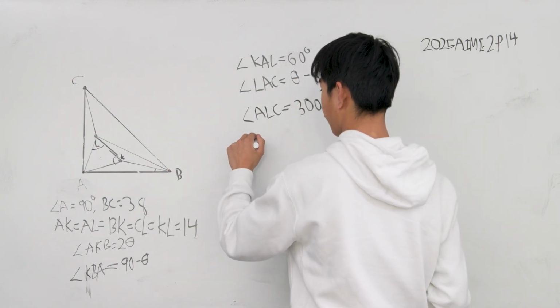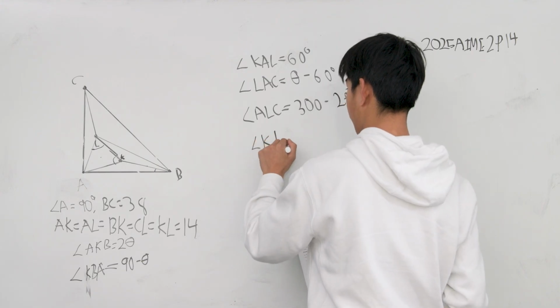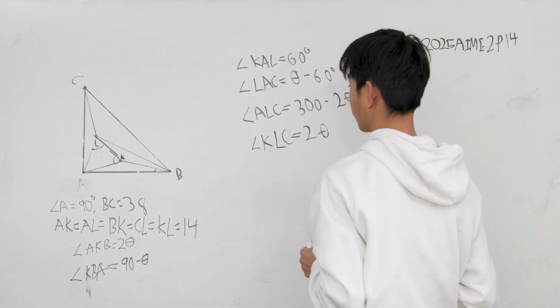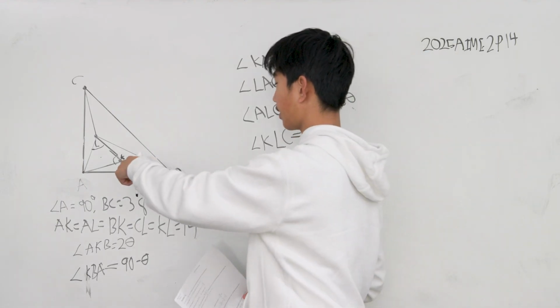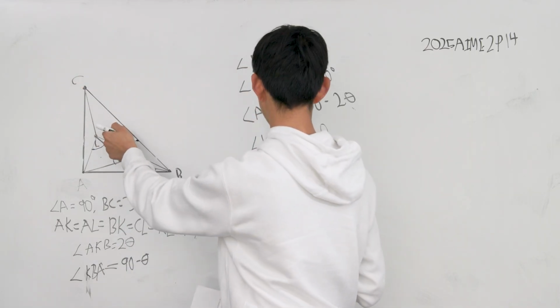Therefore, we have angle KLC being simply 2 theta degrees. Therefore, if we draw a line from C to K, this angle is 2 theta.